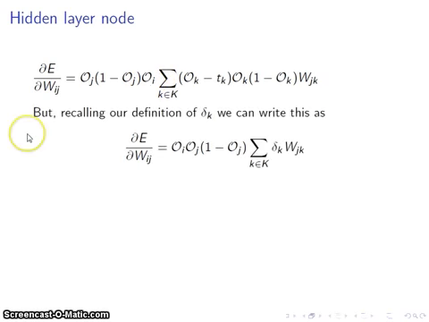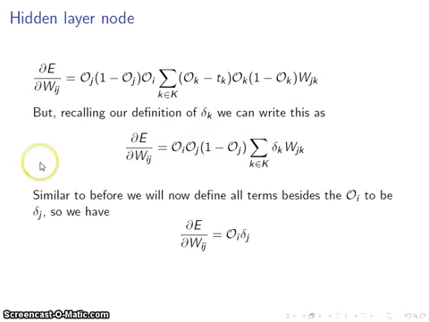Okay? Now, like I said, we'll recall our definition of delta sub k. We will rewrite this expression here as delta sub k, which I do like this. All of that delta sub k times the weight from j to k stays inside the summand. We add all of those up. We multiply those by this, output of j times 1 minus output of j, which is really just the derivative of our transfer function, again times the output of the node we're concerned with of the previous layer. Okay?